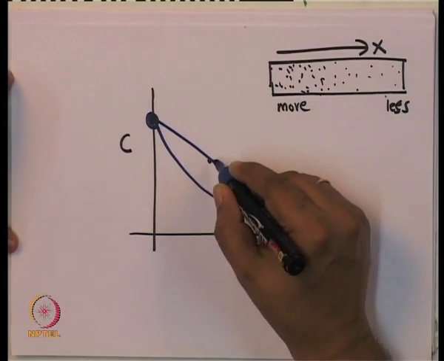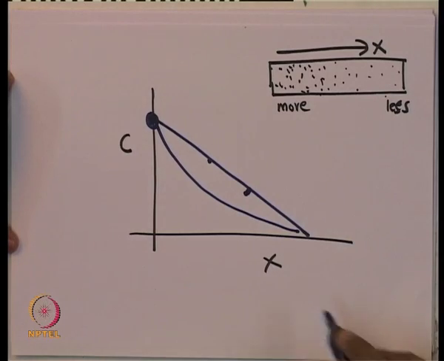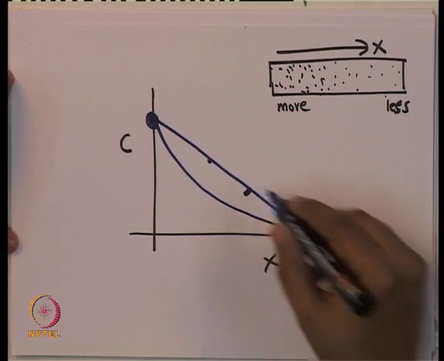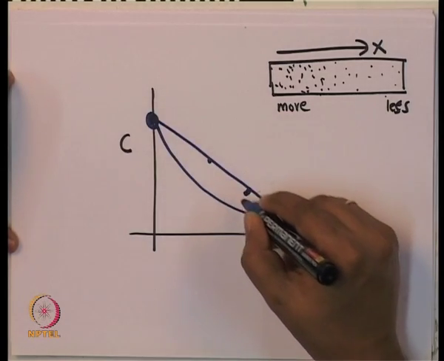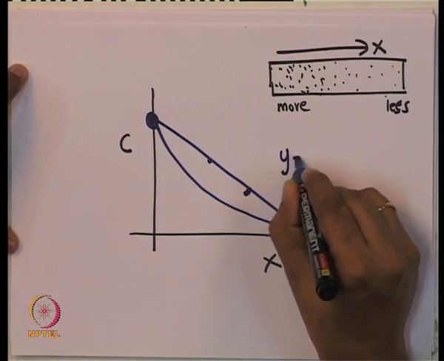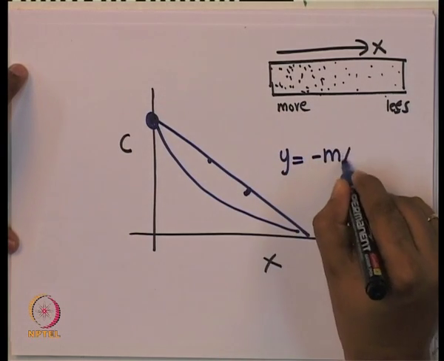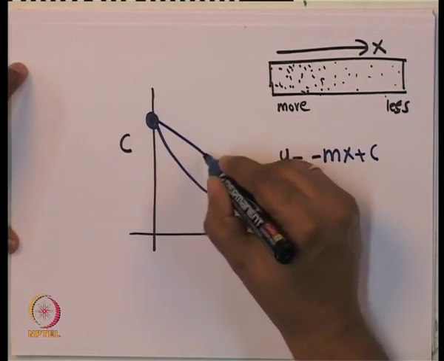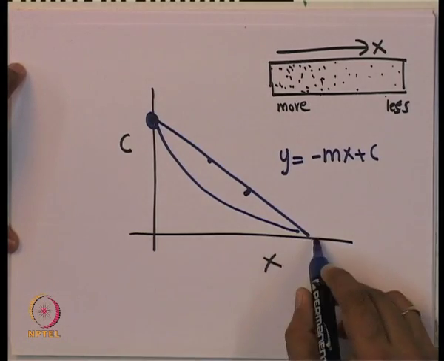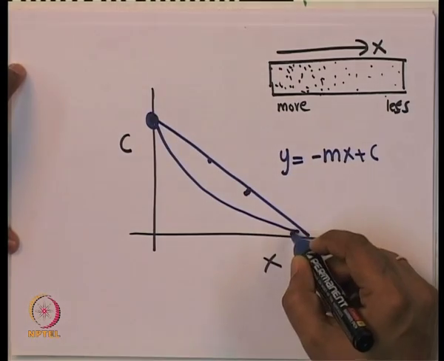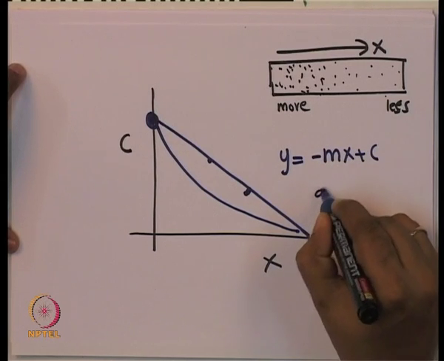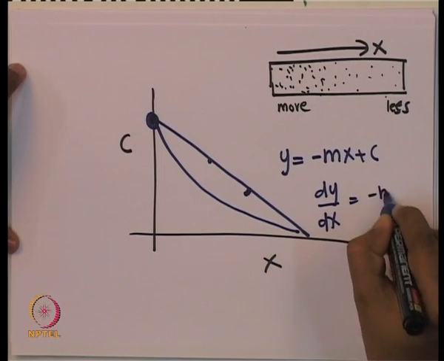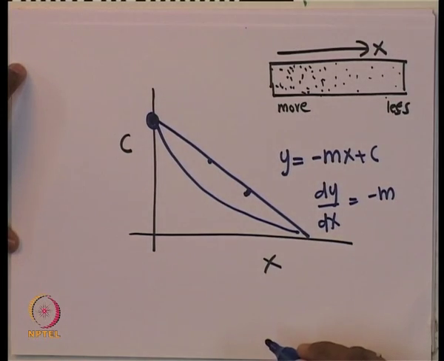Now, let us imagine the first case. We learned in calculus that if we have a straight line, the equation is y equals minus mx plus c, where this m, the slope, is negative. What does it mean? As x increases, y decreases. That is why this is negative. dy by dx, the change in y over the change in x, is minus m, a negative number.